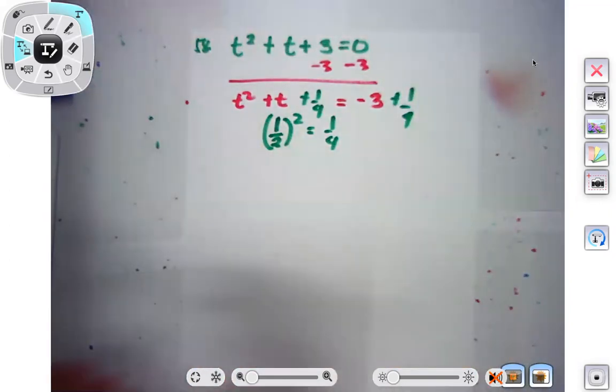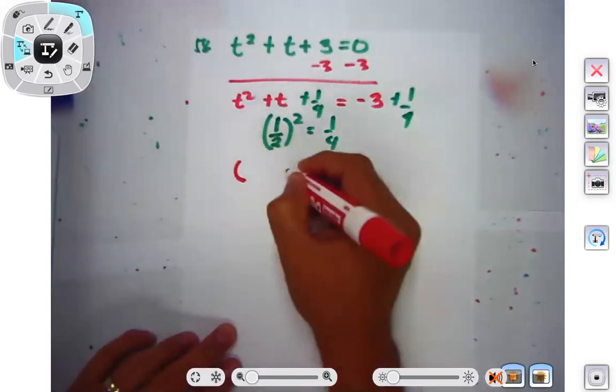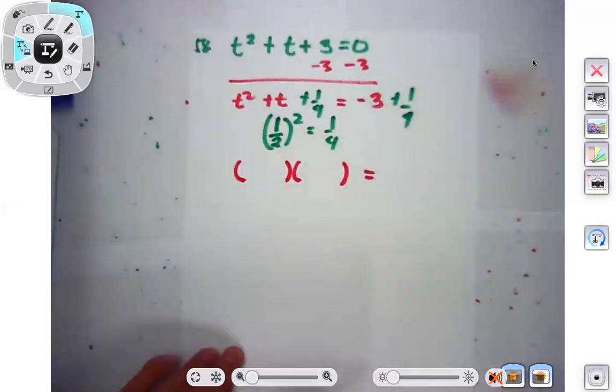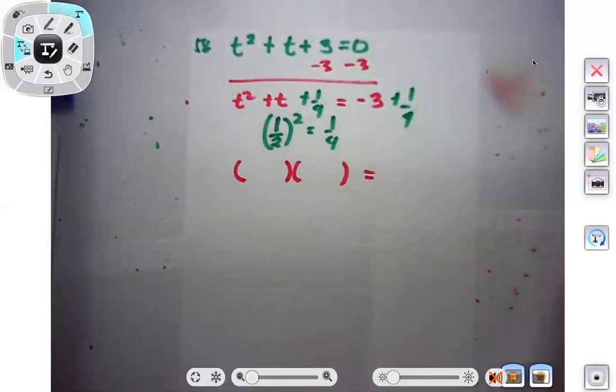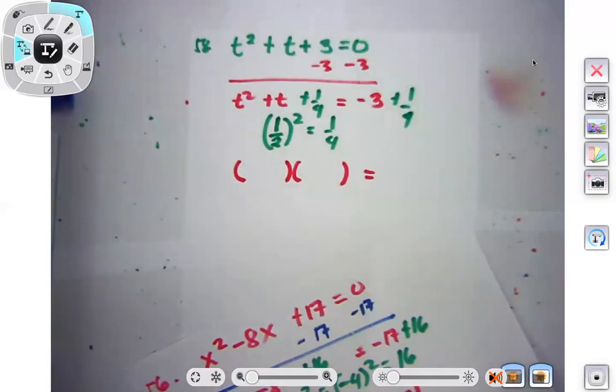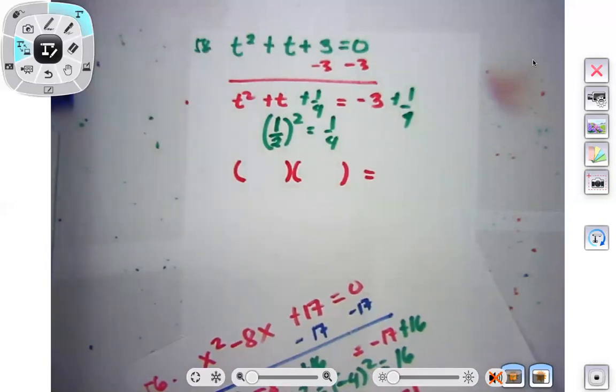How do we find the factors now? Factors of 1/4 whose sum is 1.